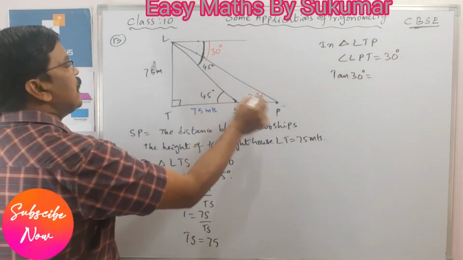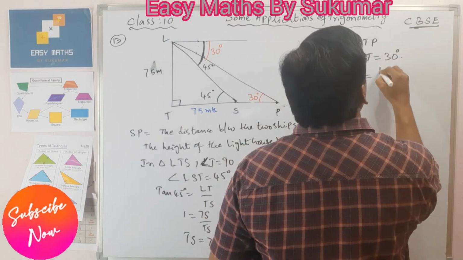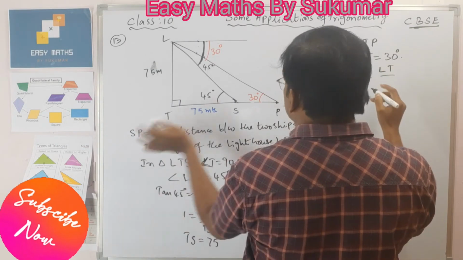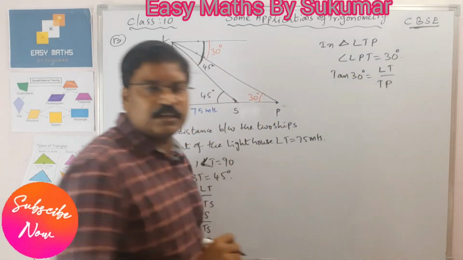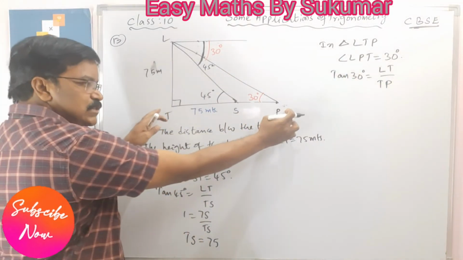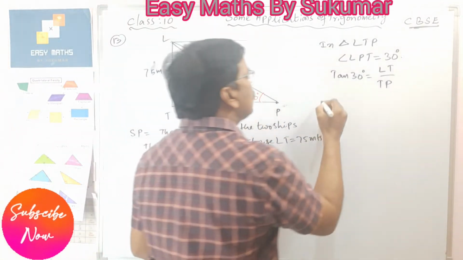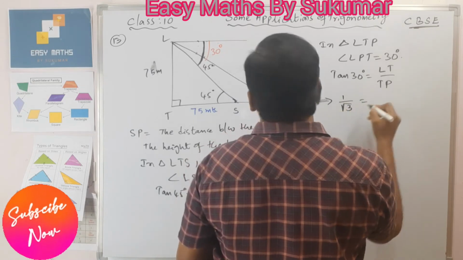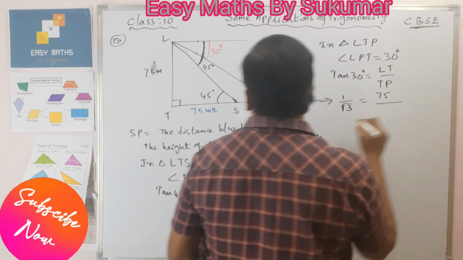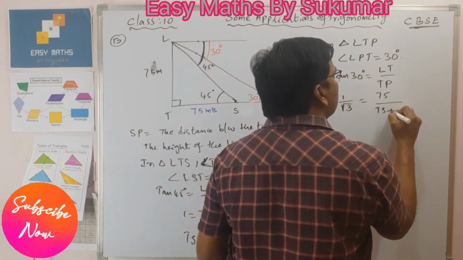See, tan 30 degrees is opposite side LT by adjacent side TP, in the big triangle LTP. So what is tan 30? This is 1 by root 3. This is equal to LT, that is 75, by TP, that is TS plus SP.